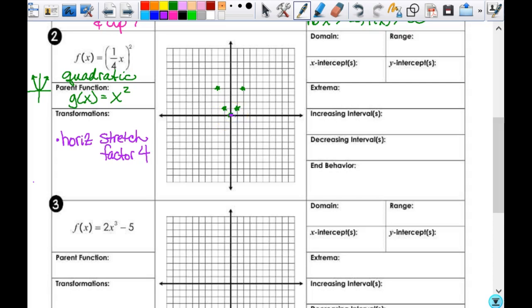It's right there. Then I go to 1, 1. This is a horizontal stretch, so my x value, which is 1, gets multiplied by 4. So my x value becomes what? 4. It's not like 4 more. It's from 1 to 4. Does that make sense?